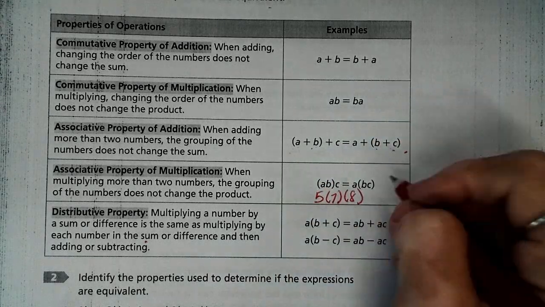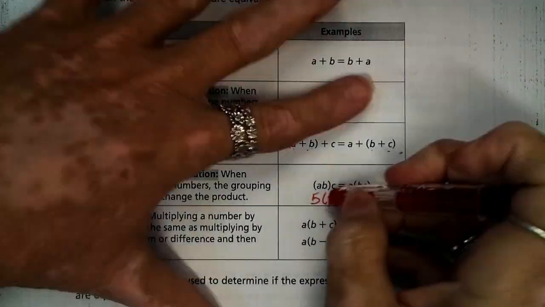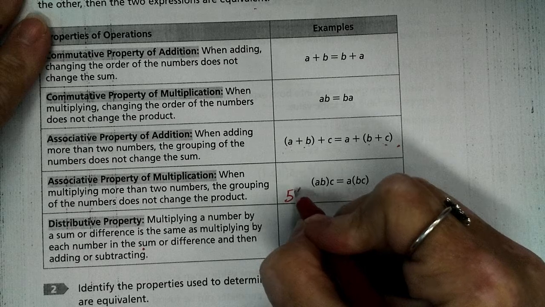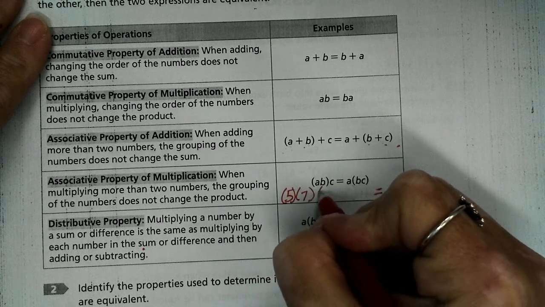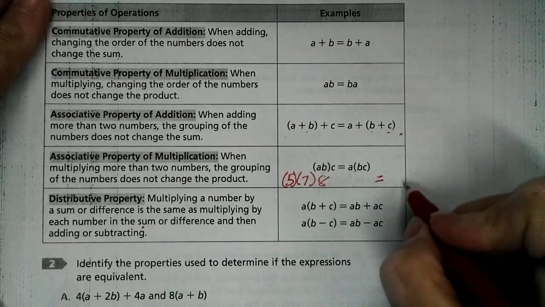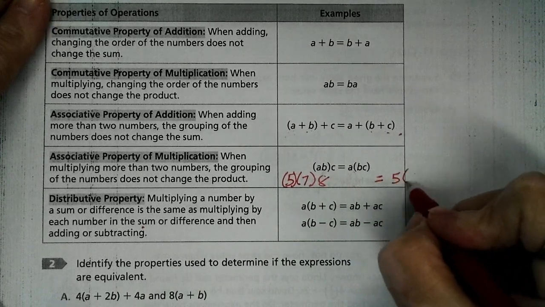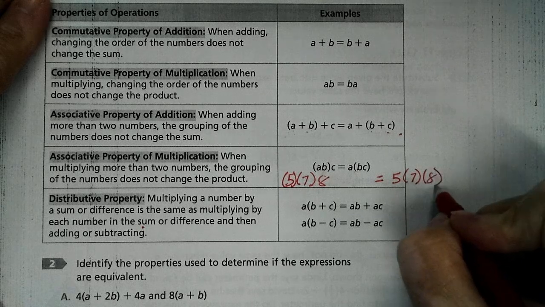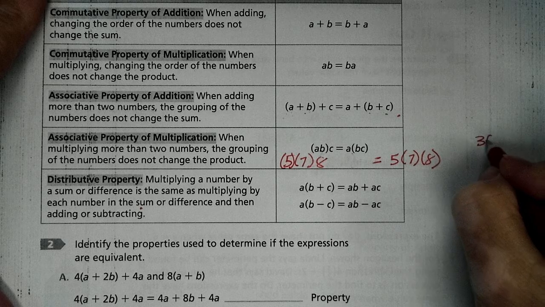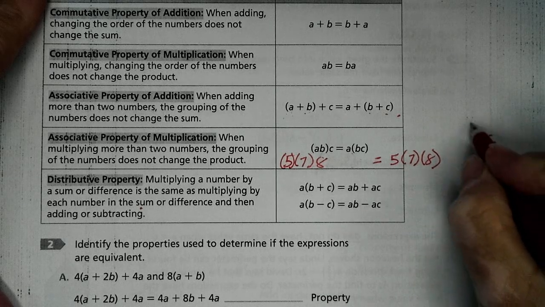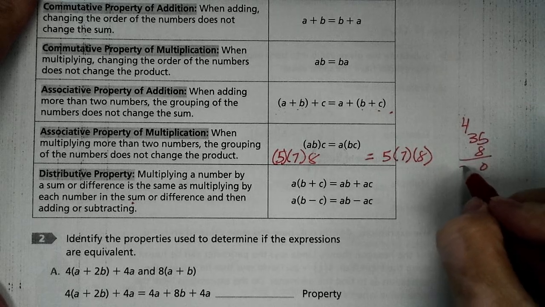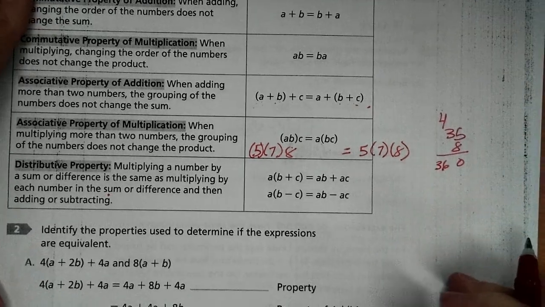Nope. So if I do, let's say like you said, 5 times 7 times 8, right? And then if I group it as 5 times 7 first, I get 35 here, right? And 35 times 8, that would be 360, right?